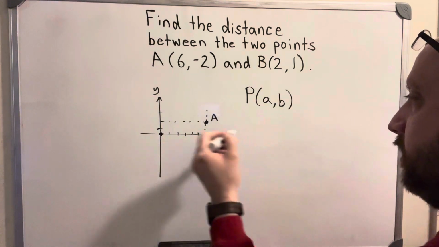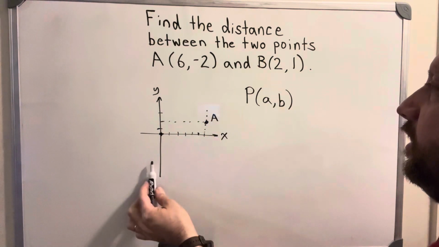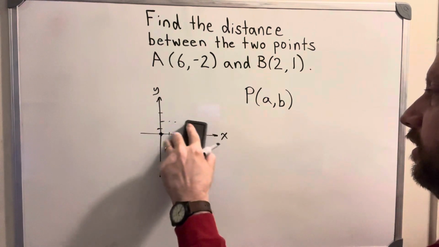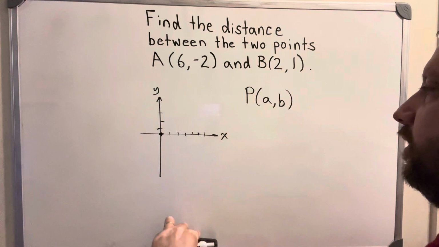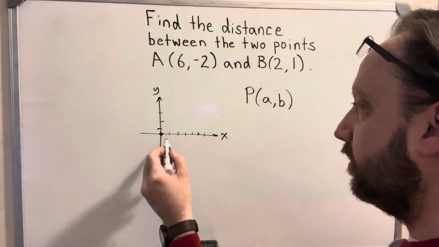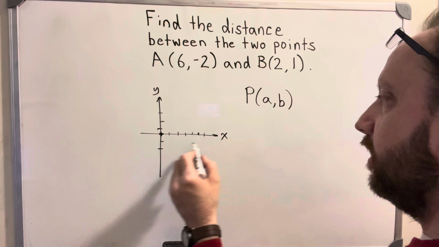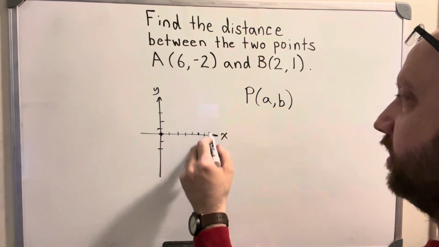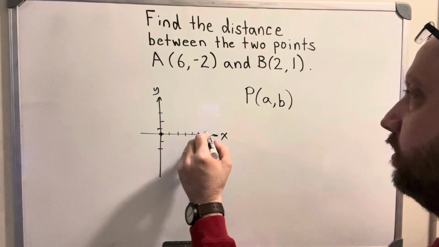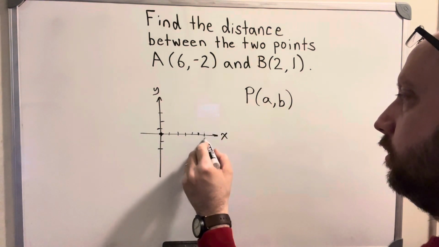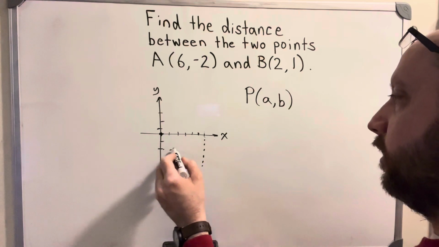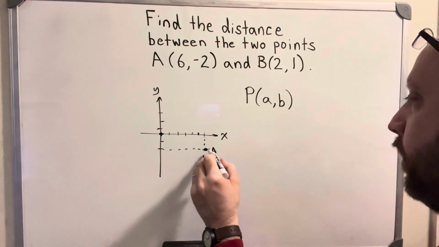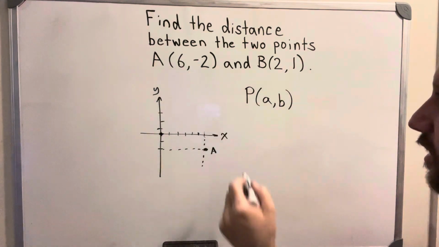This is usually the positive x direction going to the right, and this is the positive y direction going up. So 1, 2, 3, 4, 5, 6. Positive 6 in the x direction, -2 in the y direction. So this is where point A would be according to this notation.